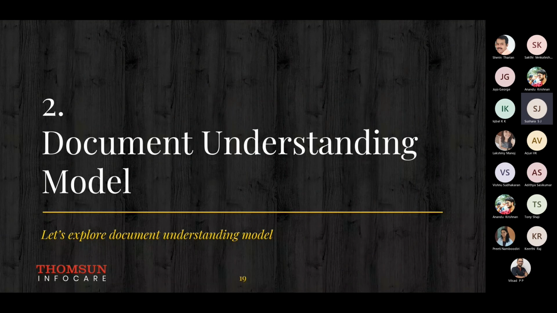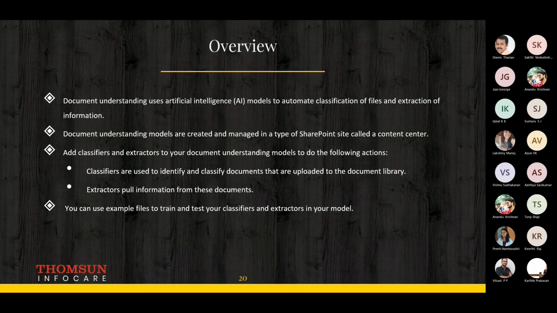Then we can move on to the next one, which is the document understanding model. The document understanding model uses artificial intelligence models to automate classification of files and extraction of data. These models are created and managed in a type of SharePoint site called a content center.